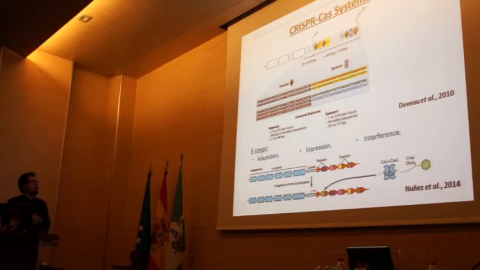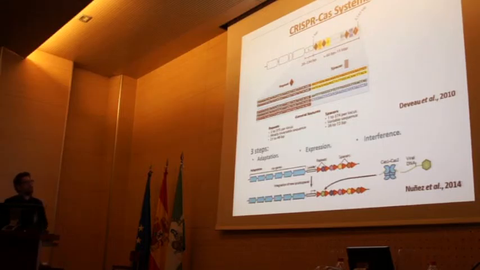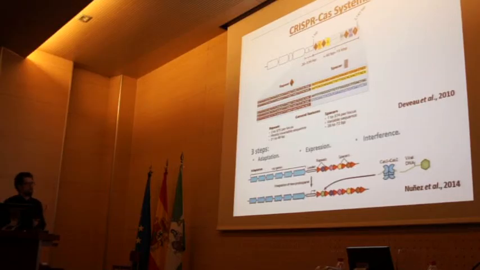And finally, a variable number of Cas genes, which provide the enzymatic machinery necessary for the acquisition of new spacers into the array and the cleavage of the invasive DNA. The immunity mediated by CRISPR systems has 3 steps: adaptation, expression, and interference. We will focus on the first step, adaptation.